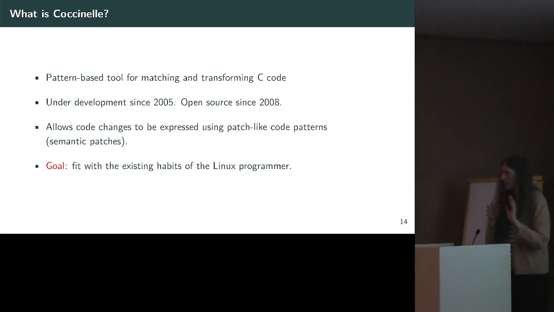It also gave you a visitor for the trees that you had parsed, and it gave you some analyses such as alias analysis and so on. But the hard thing about it was that the C language is really complicated. It has lots of different constructors, and if you wanted to use CIL, you had to think about things at the AST level. And so you had to spend a huge amount of time saying, okay, I want to match an integer. Okay, so what's an integer?